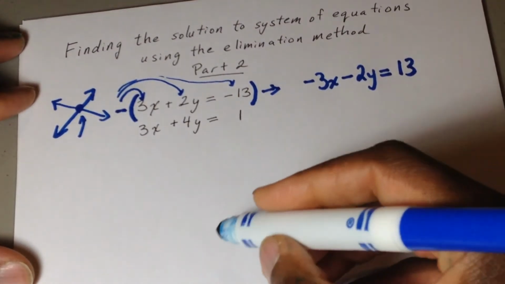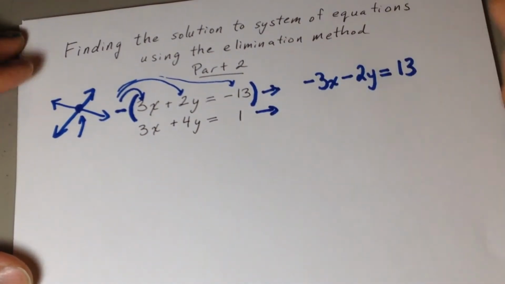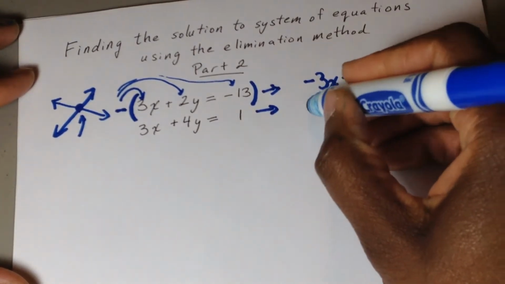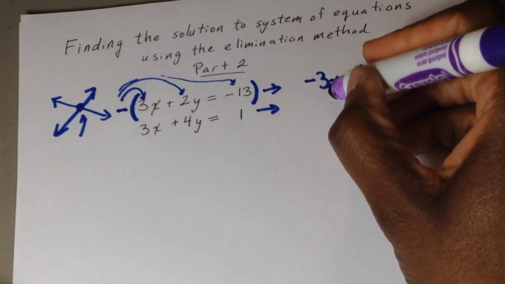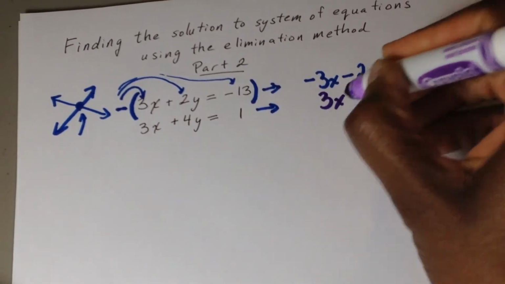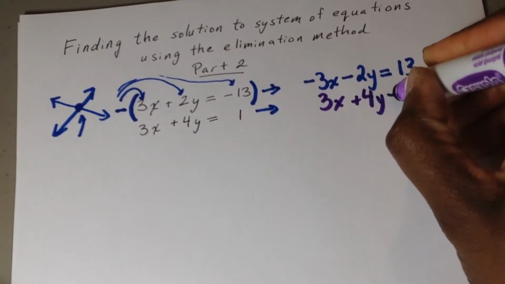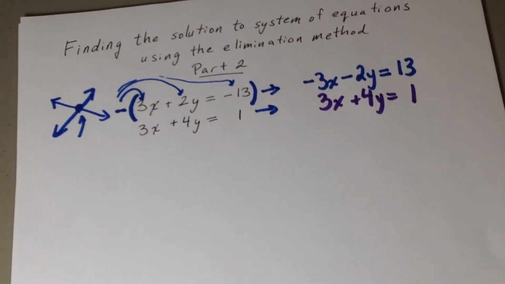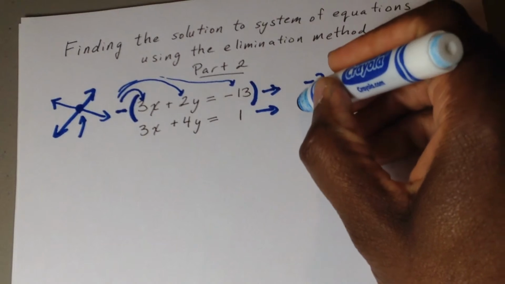Now I take the equation that was here, don't do anything to it, leave it the way it is. We're just keeping it. It's going to be 3x plus 4y is equal to 1. What I'm going to do is add these two equations. Let's add them up.